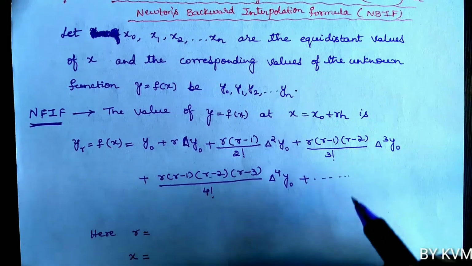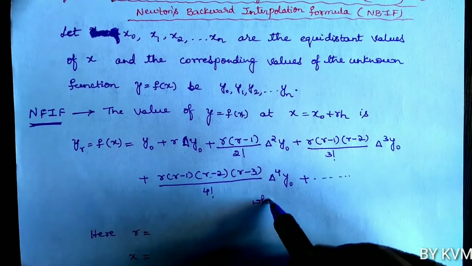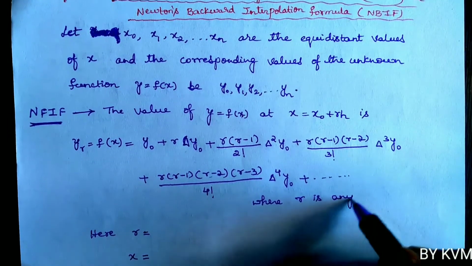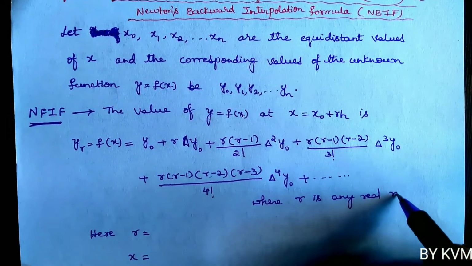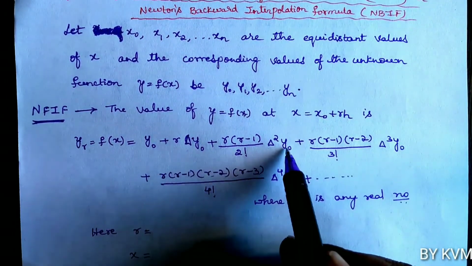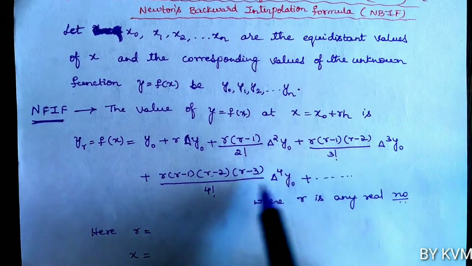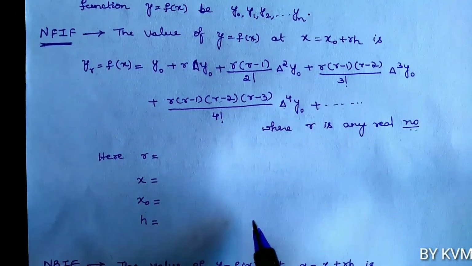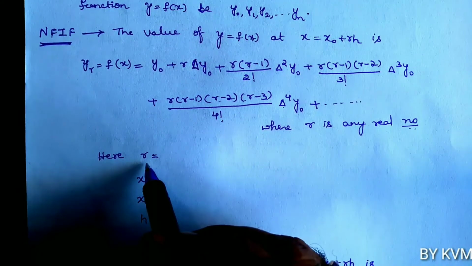It continues, where r is any real number. Here delta y naught, delta square y naught, delta cube y naught, delta power 4 y naught are leading forward differences.